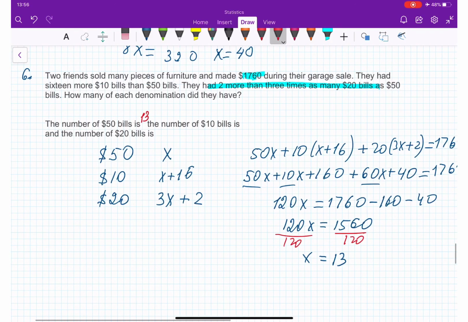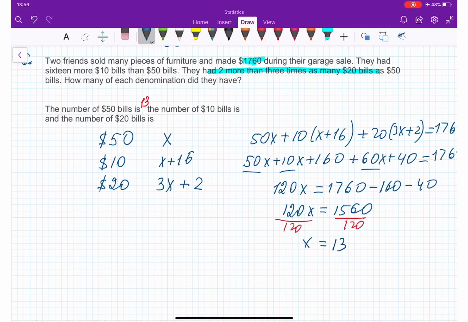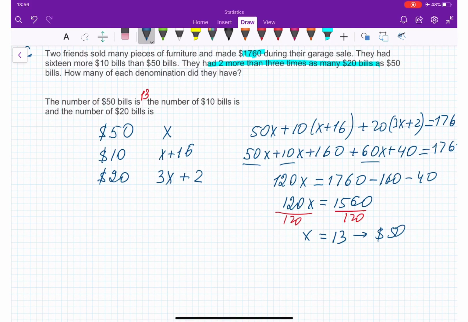All right. Next, $10. It's going to be 16 more. This is the $50 bill count, and then for $10 it's going to be 13 plus 16, right? Which is 29.